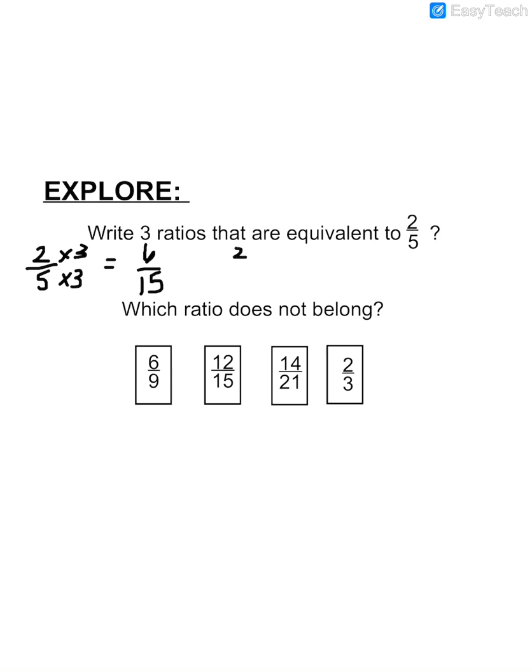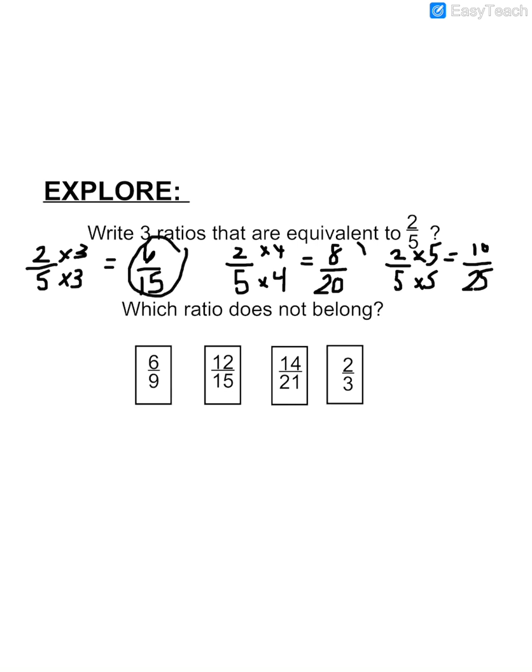I can do the same thing and times by 4, and I would get 8 over 20. I can take 2/5 again and times by 5, and I would get 10 over 25. So here are three ratios that are equivalent to 2/5.